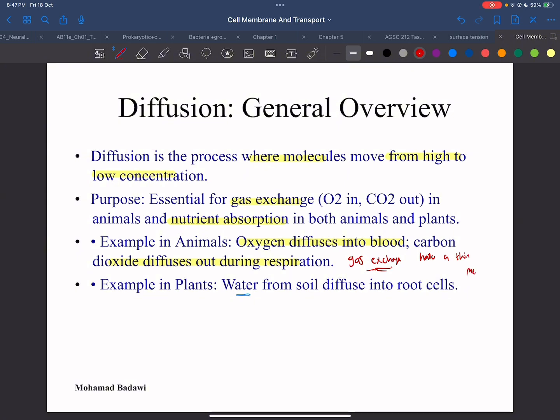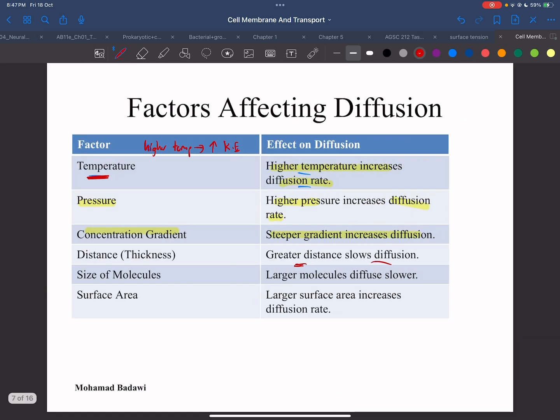Now why do they have a very thin membrane? To reduce the distance traveled by the gases. So by reducing the distance traveled by the gases, what does that do? That increases the diffusion rate.